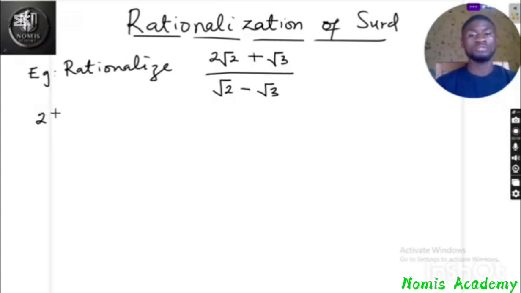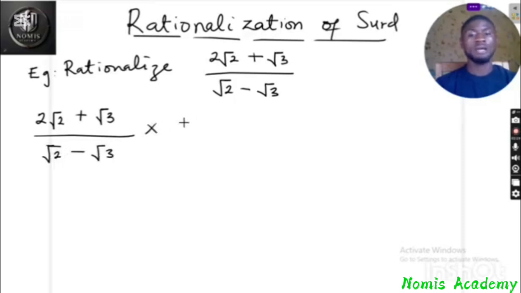So we say 2 root 2 plus root 3 divided by root 2 minus root 3.